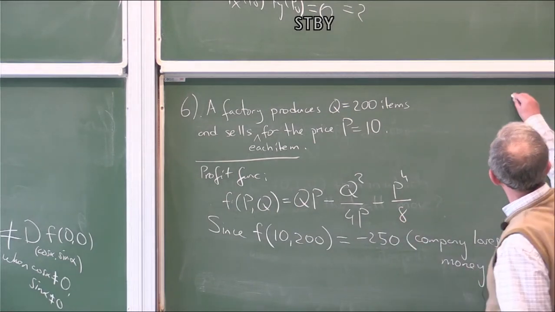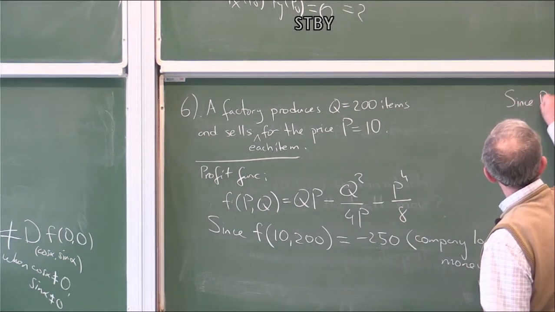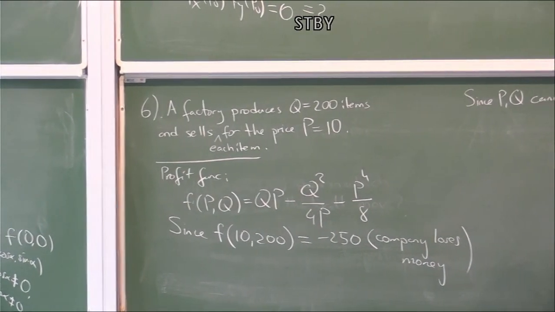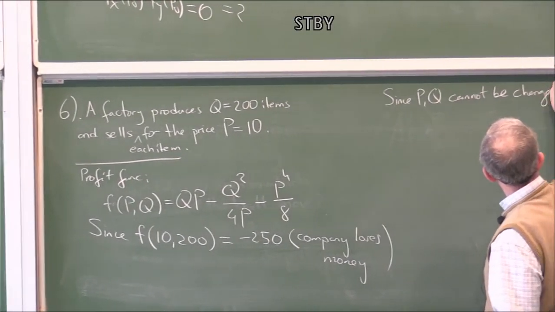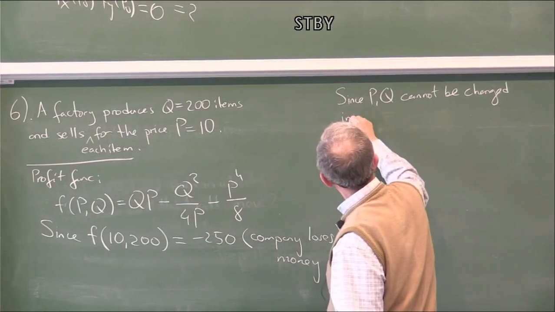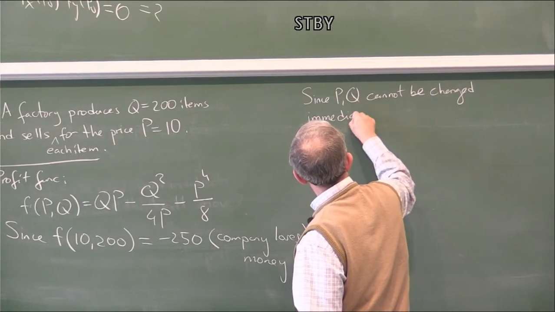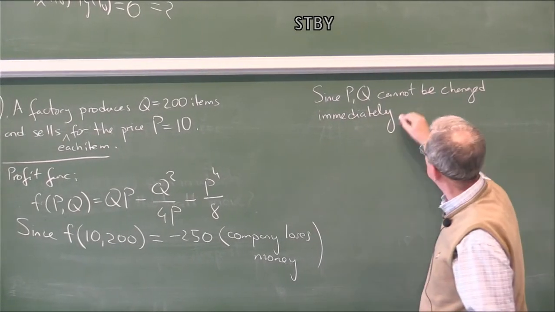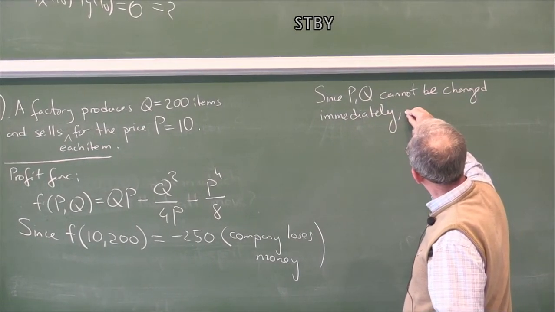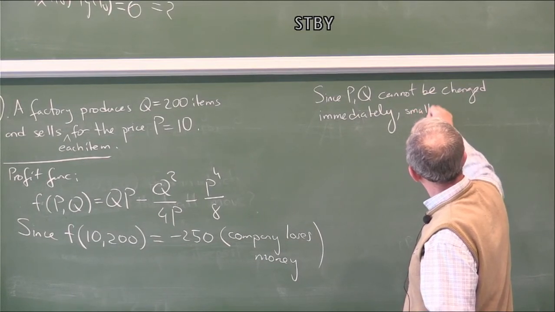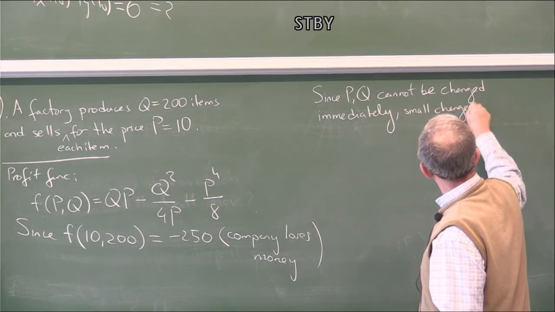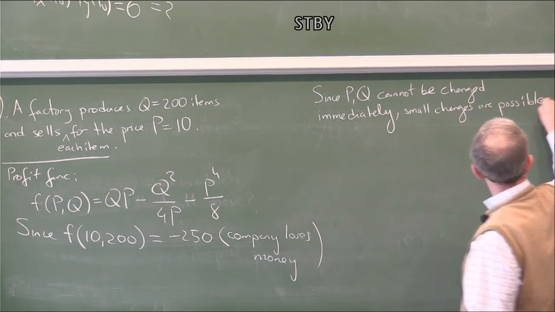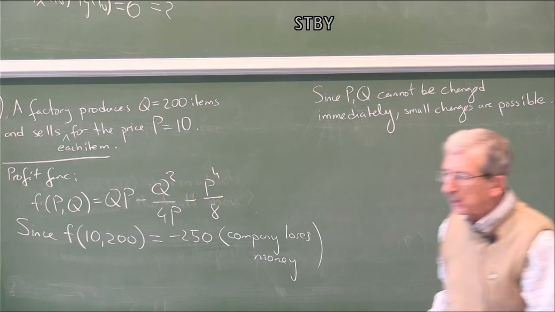Since P or Q cannot be changed immediately, we have to go in steps. Namely, small changes are possible. So what should be done?